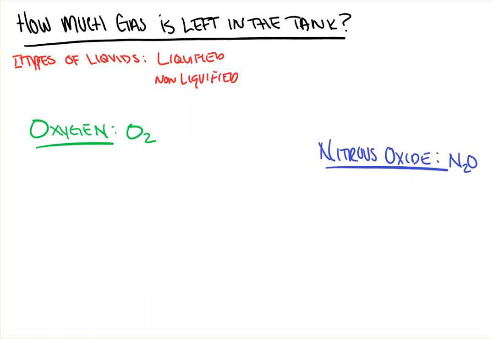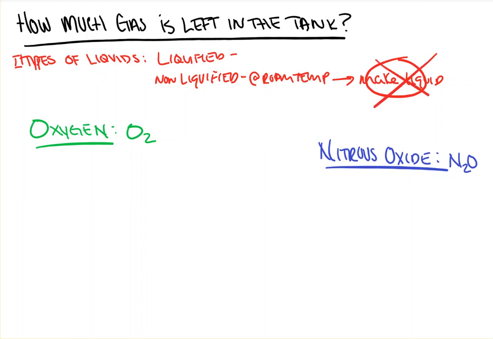Basically, a non-liquefied gas means that at room temp, no matter how much you compress it, you cannot make it a liquid. I'm just going to draw an X through it. But a liquefied gas means that at room temperature, it can be compressed enough to make a liquid.